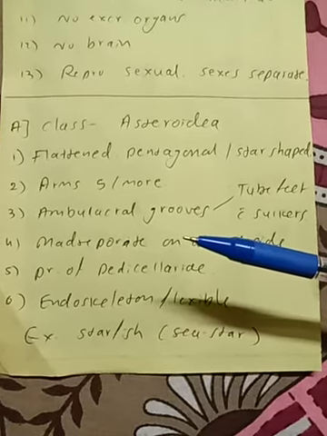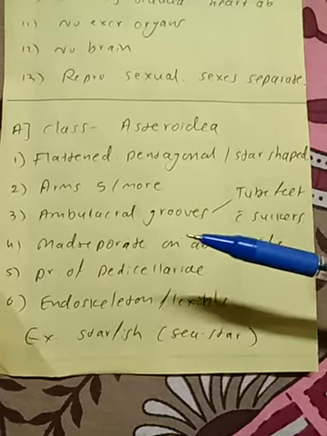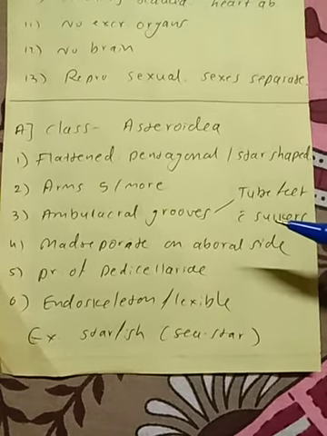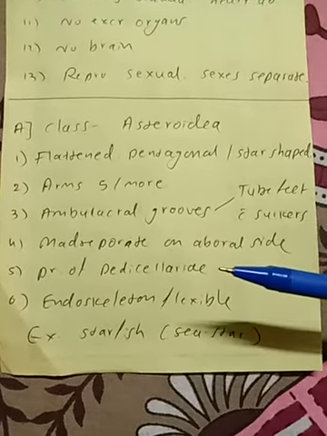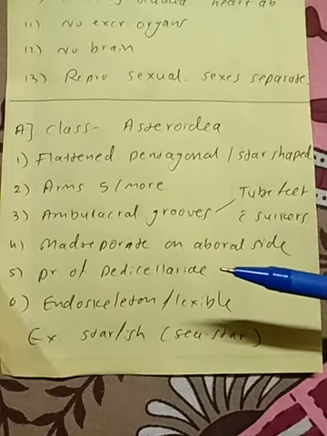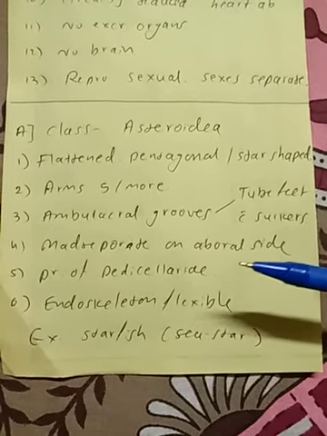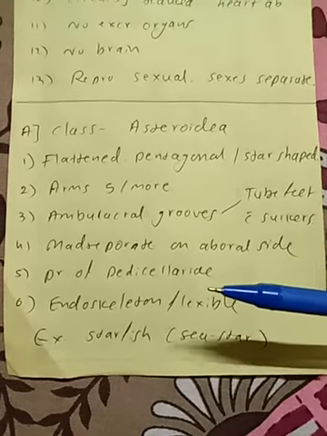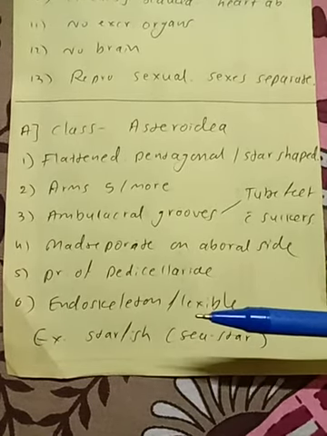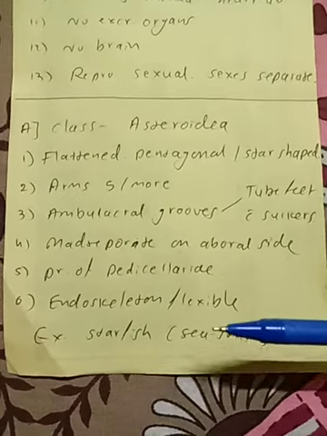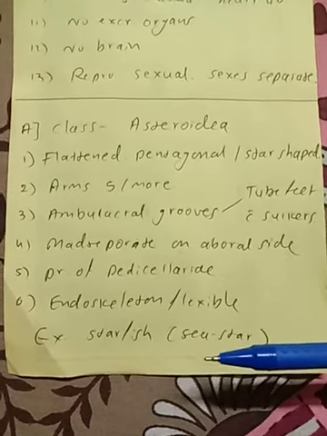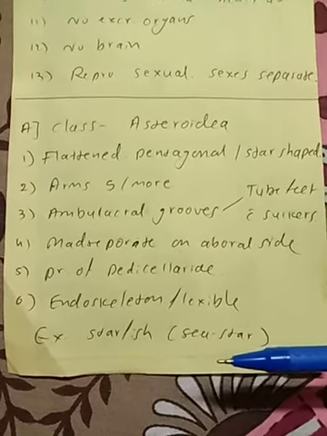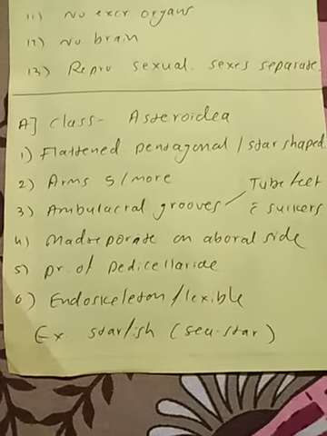These are open and they contain tube feet with suckers. Then madreporite is on the aboral side. Then presence of pedicellariae. The endoskeleton is flexible. Example, starfish, or it is also called the sea star.